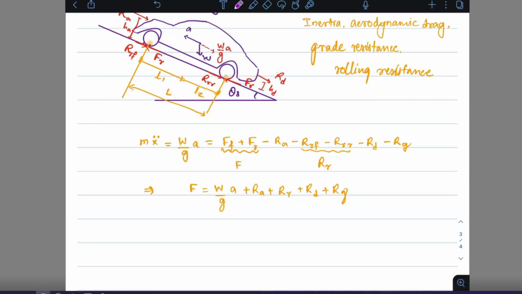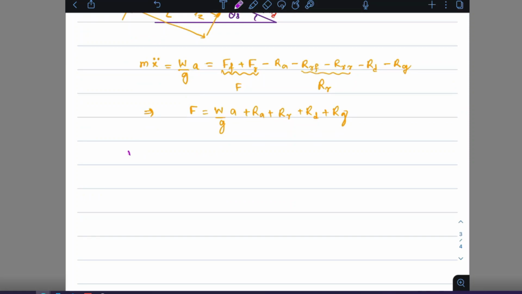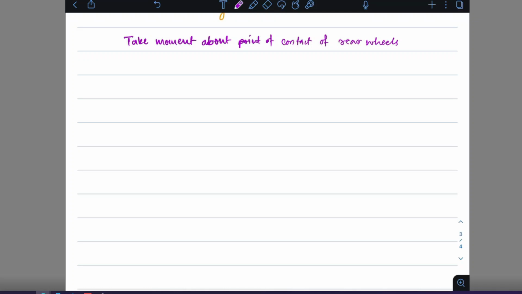If we take moment about the point of contact of rear wheels, we get the following equation after a little bit of algebra.